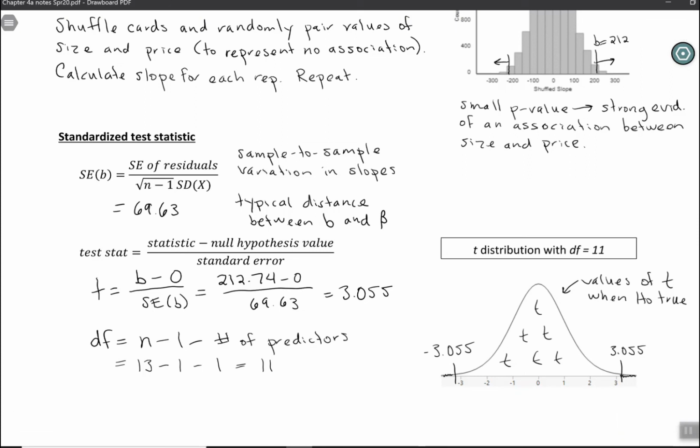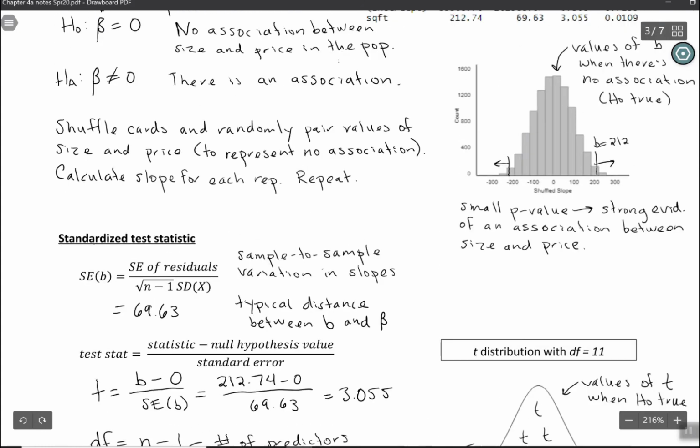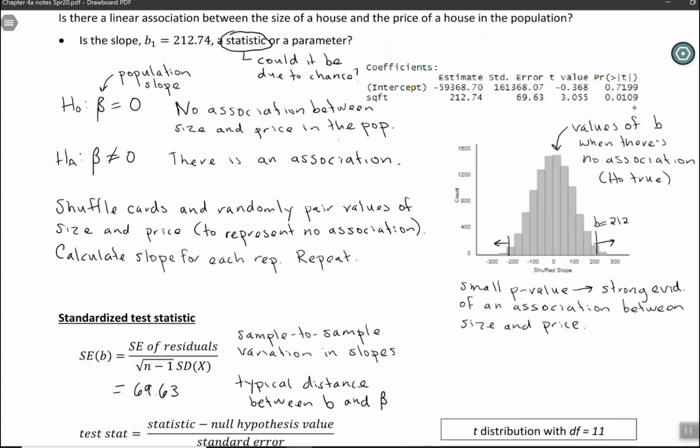Right away you can see that this is going to be a pretty small p-value, and when you calculate it, it comes out to be a two-sided p-value of 0.0109, and that's where that number comes from up here. So this is our p-value given in the output.